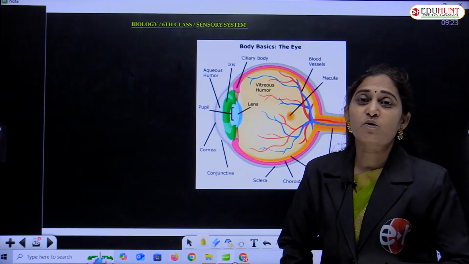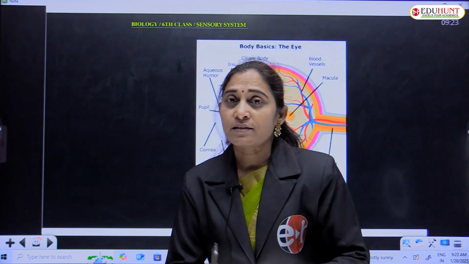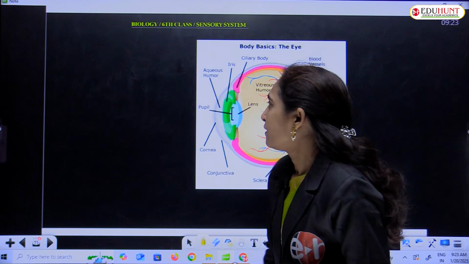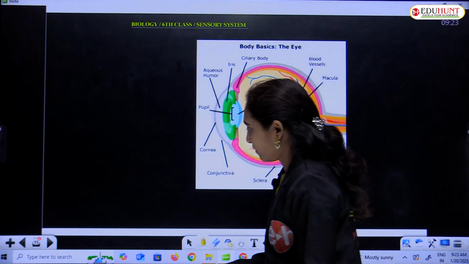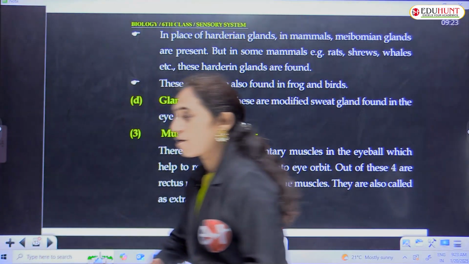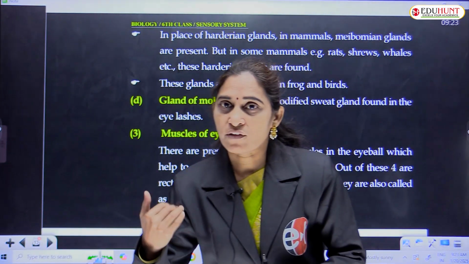We are discussing about the important sense organ, that is eye. This is the eye. We will discuss about the structure later. We have already seen glands of the eyes.